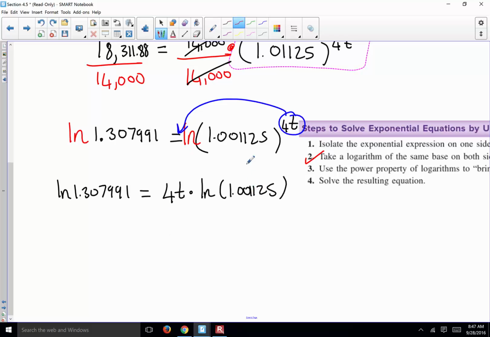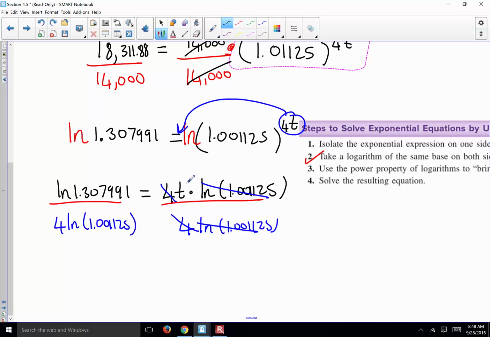And finally, we need to divide both sides by this so I can get t. Divide both sides with what? 4 ln 1.01125, so that we can get t all by itself. You need to divide by 4 as well. Okay?